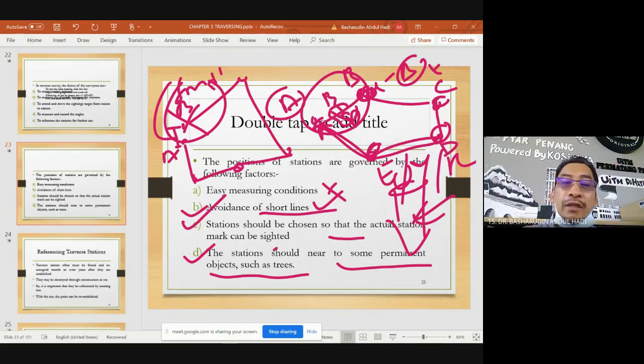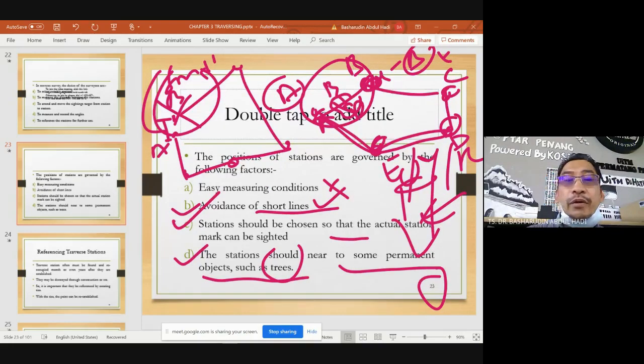So avoid this one, the tree. Avoid something like a lamppost. We must have something permanent, and normally we put concrete spherical blocks. All right. So I finished slide number 23. We go for slide 24.